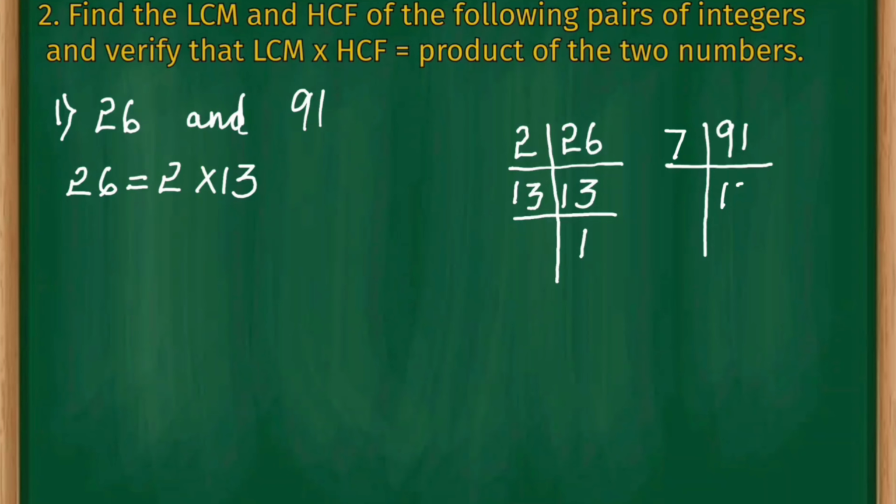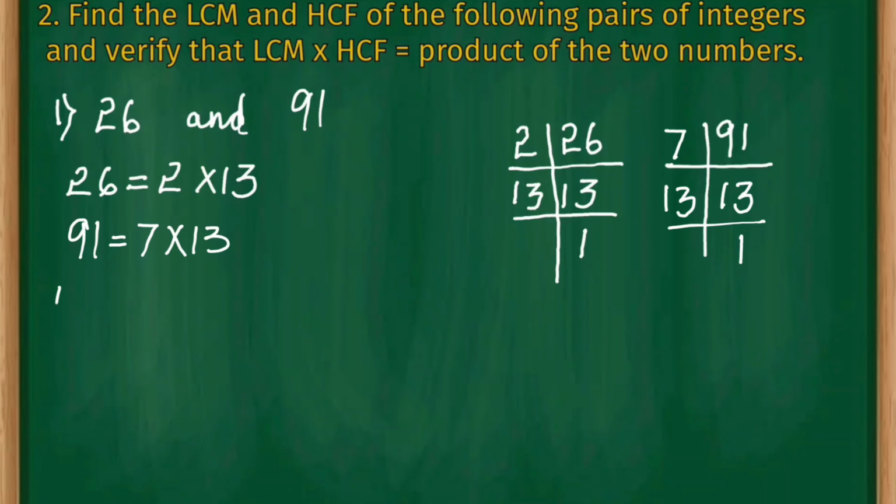Then 2 will remain. 2 with 1 becomes 21. Then 3 7s are 21. Now 13 can be divided by 13 itself. We are using only prime numbers for the division. So the prime factors of 91 are 7 into 13.